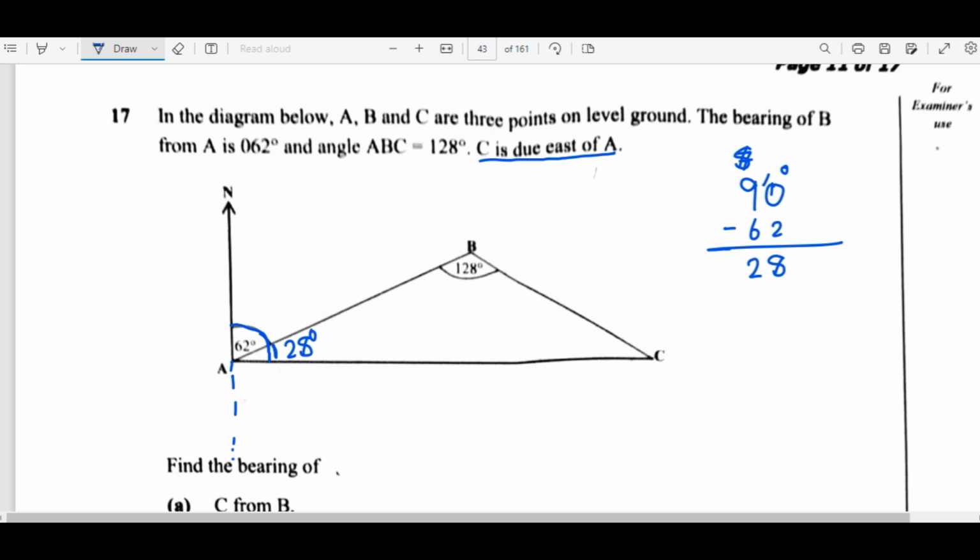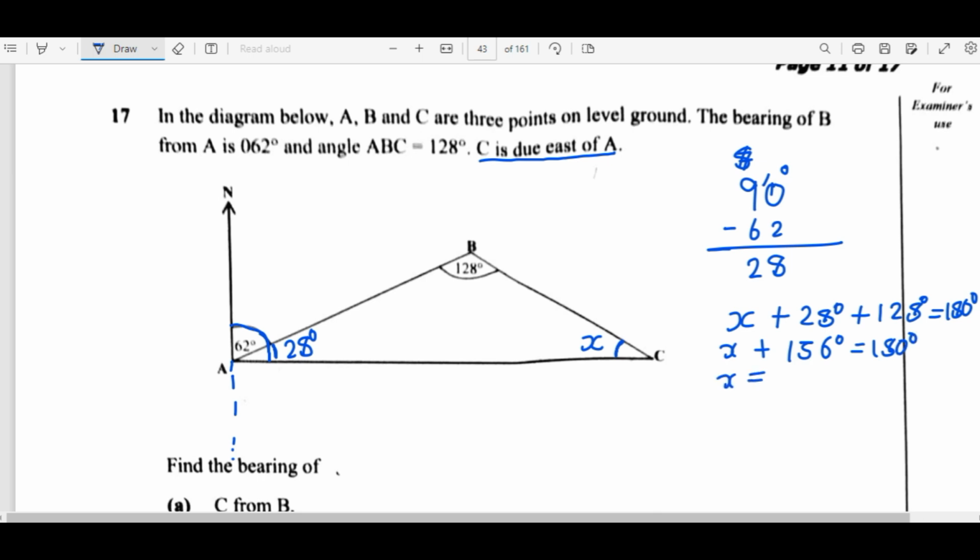We can also find this angle another way. We know that a triangle adds up to 180. So let's call this angle X. So X plus 28 plus 128 is equal to 180. 28 plus 128 will give us 156, so X plus 156 is equal to 180.